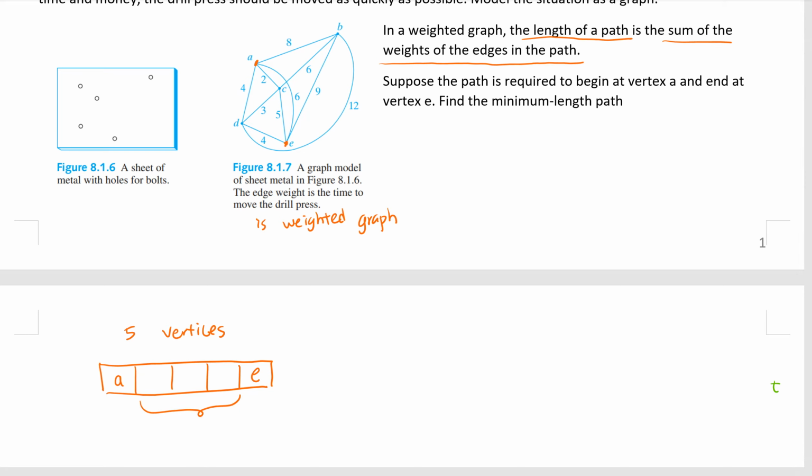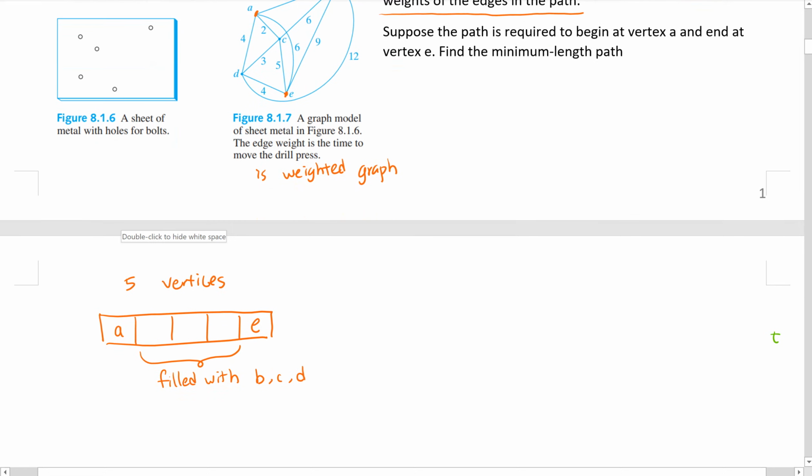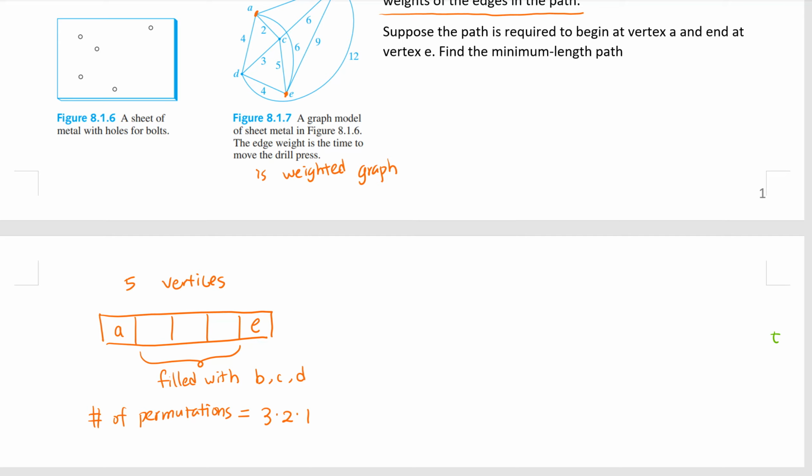Here we have 3 boxes to fill with B, C, D in some order, and we're looking at the number of permutations because order matters. The first box has 3 choices, the second box 2 choices, and the last box 1 choice. So we have 6 different paths connecting A and E.